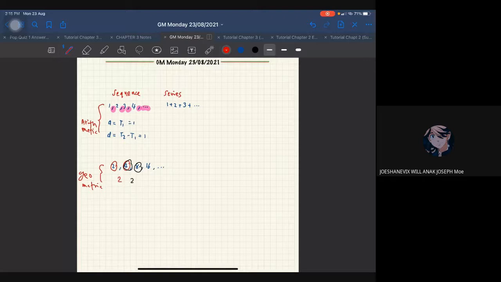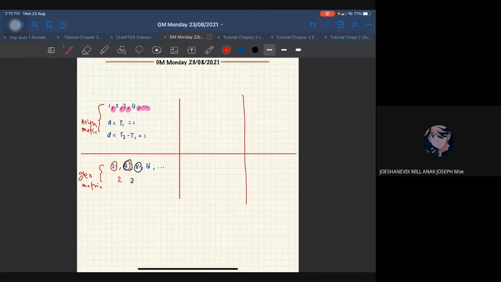Okay, so saya recap je balik apa yang awak dah belajar based on the video. Untuk arithmetic dan juga geometric, dua-dua ada formula untuk kita cari dia punya term. So kita ada formula untuk cari Tn and we also have formula to find Sn. Okay, so untuk Tn for arithmetic, apa formula dia?